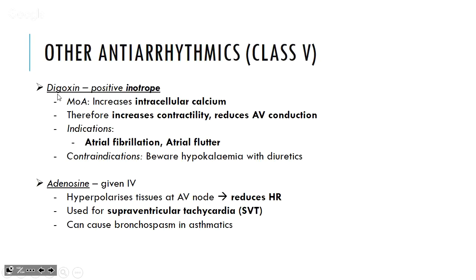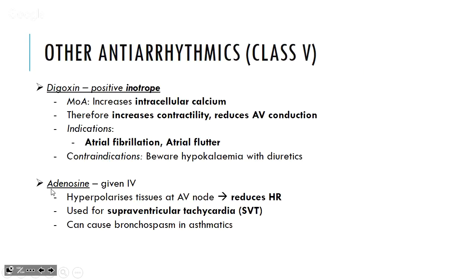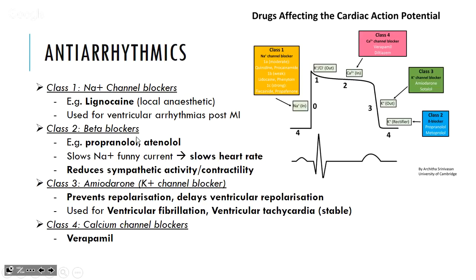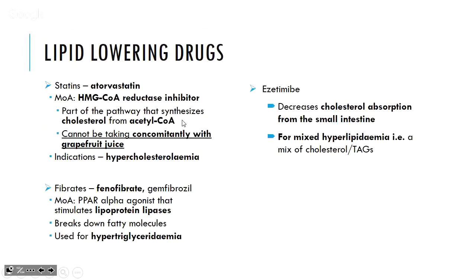You also have digoxin, a positive inotrope, which increases your cardiac output by increasing the calcium in your body. This is used to treat AFib. Amiodarone you can use to treat VFib and VTach. Adenosine is a buzzword for treating SVT. At this stage, you probably don't need to know the mechanism of action, just know what it's used to treat.